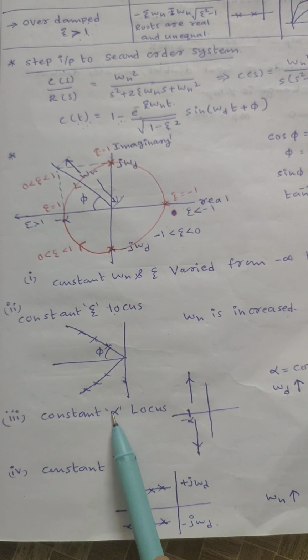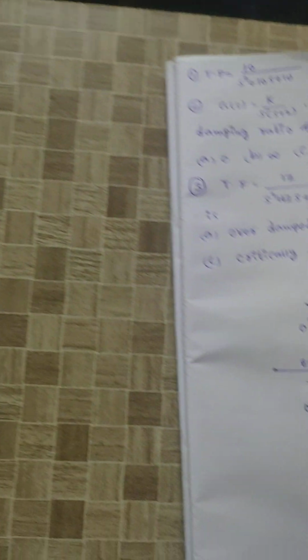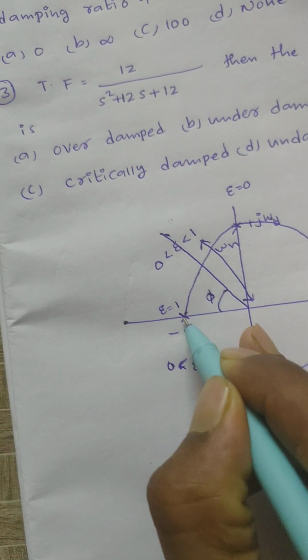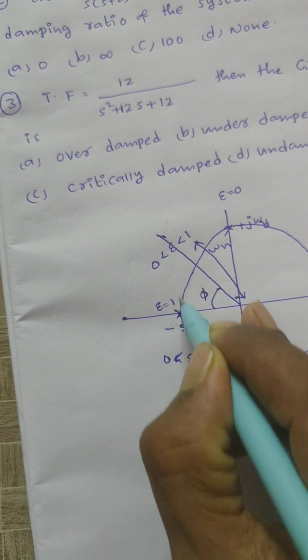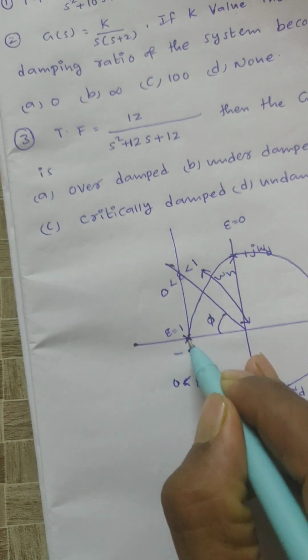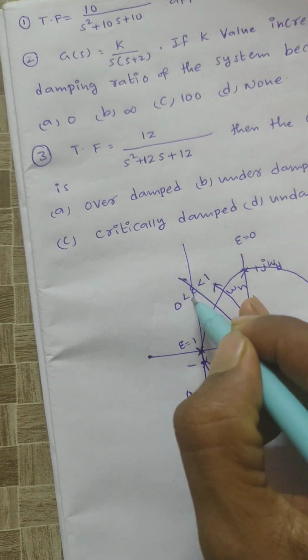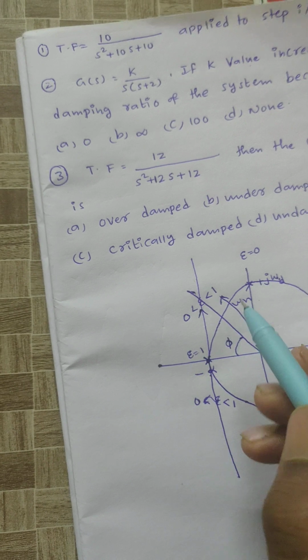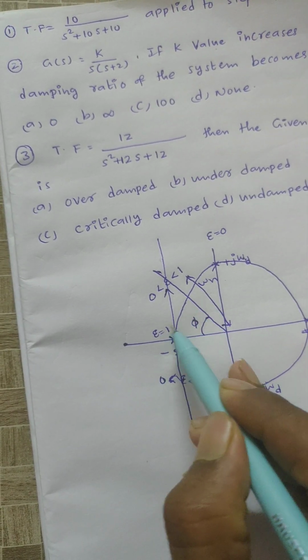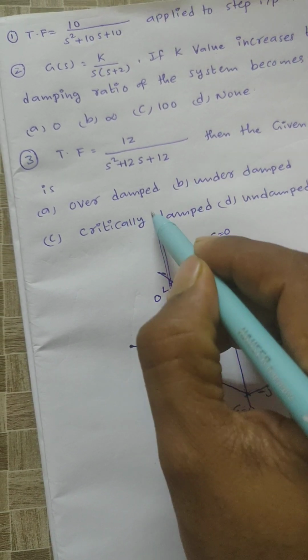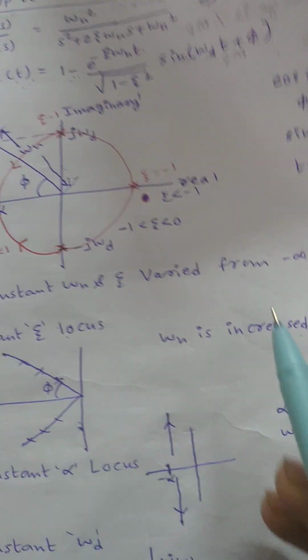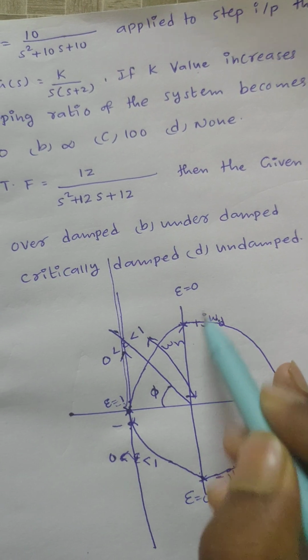Next case, the constant alpha locus. This is the point of alpha, and we need to maintain this value as constant. If we maintain it as constant, omega d increases indirectly.